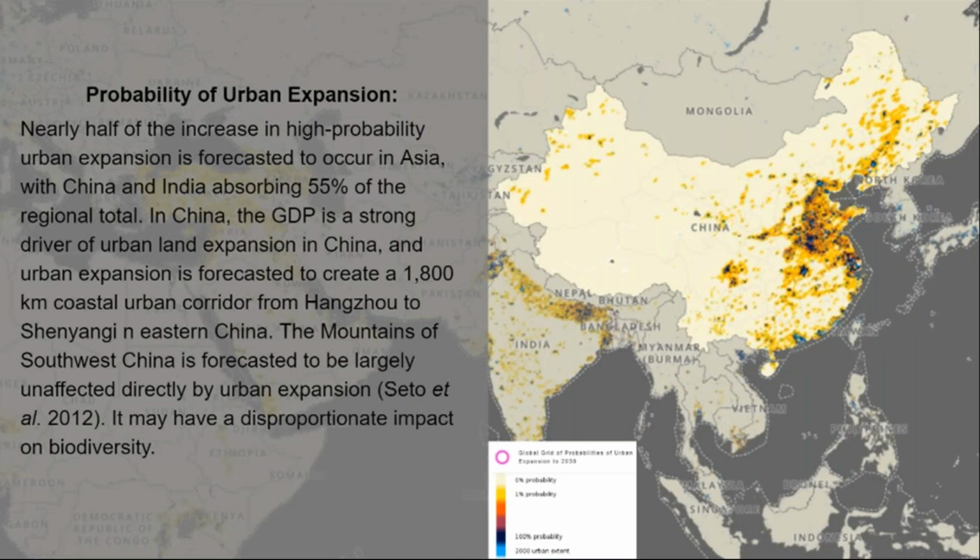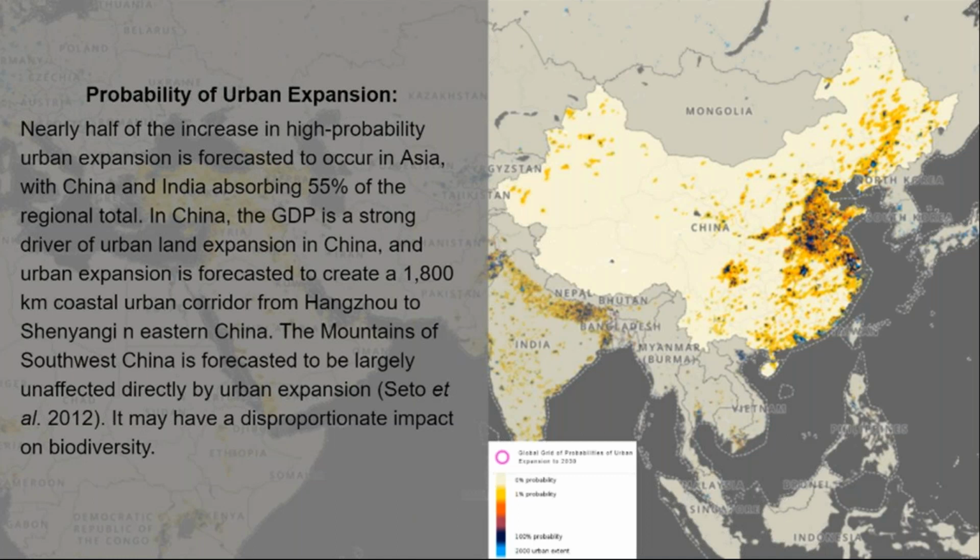China is the largest developing country in the world. The study indicated that nearly half of the increase in the high-probability urban expansion globally is focused in Asia, with China and India accounting for 55% of the regional total. This spatial data showed the probabilities of urban expansion to 2030.